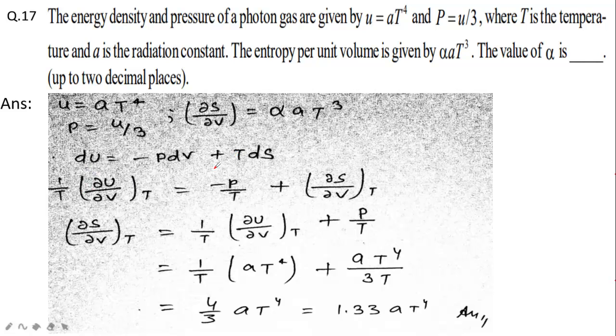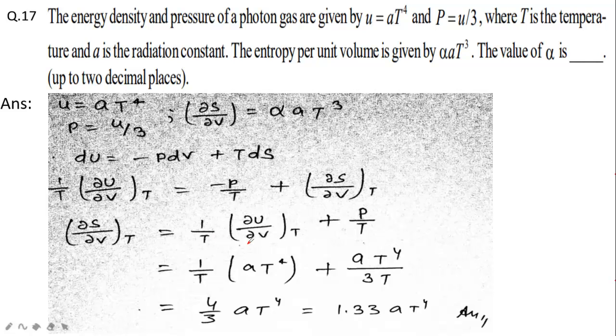If you put the temperature T here and differentiate all these terms by the volume at constant temperature, then you get 1 over T del U over del V at constant T, minus P over T. And del S over del V at constant T will be this one.